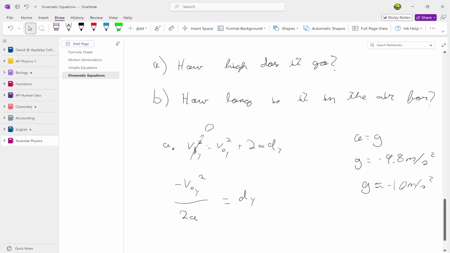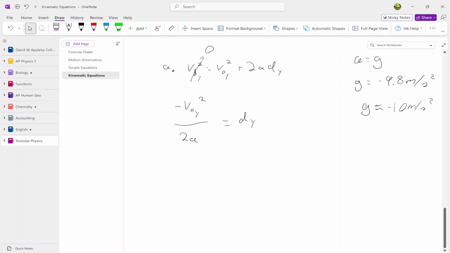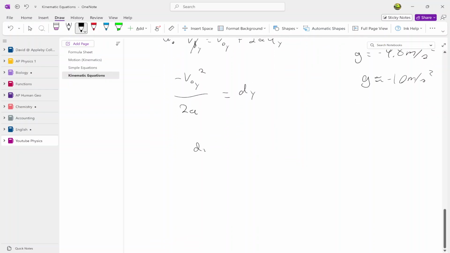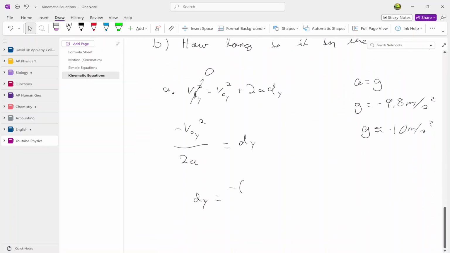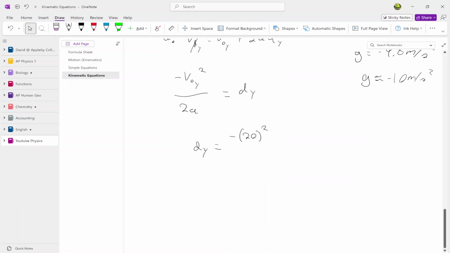That's a weird problem. But then we just do what? What was it? 20 meters. Well, it doesn't really matter right now. It's proper notation, 2 times 10.